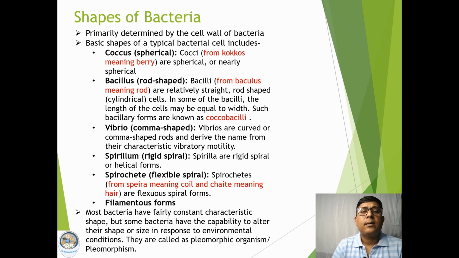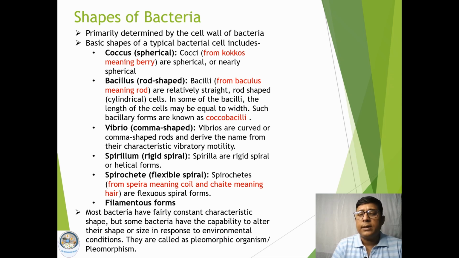The second type of shape present in bacteria is the bacillus. The word has been taken from the word baculus, which means a rod. These are rod-shaped organisms. They are relatively straight, rod-shaped, or sometimes said to be cylindrical. They are called bacilli or bacillus.